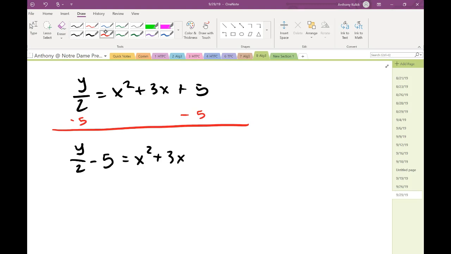Okay, so there's that. And now I'm going to add b over 2 squared to both sides. The b in this case is 3.